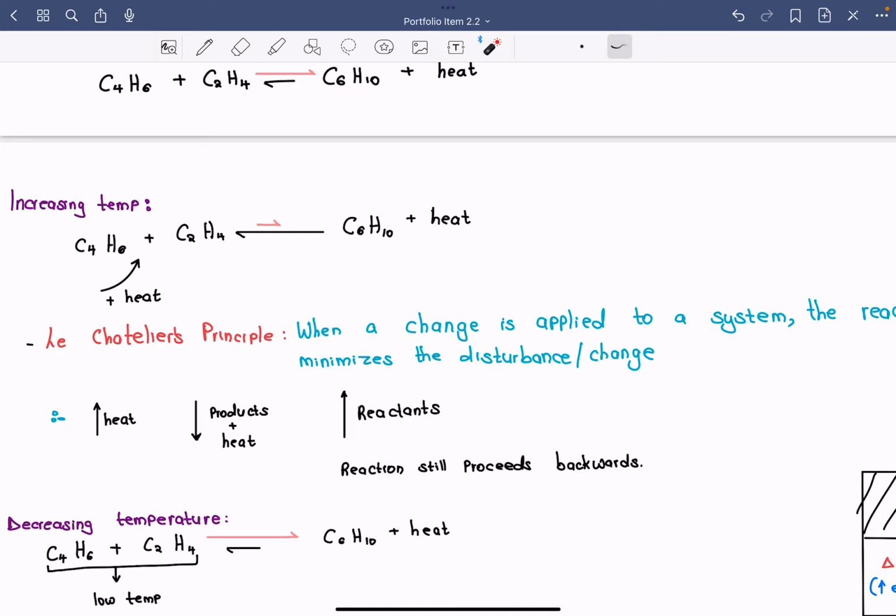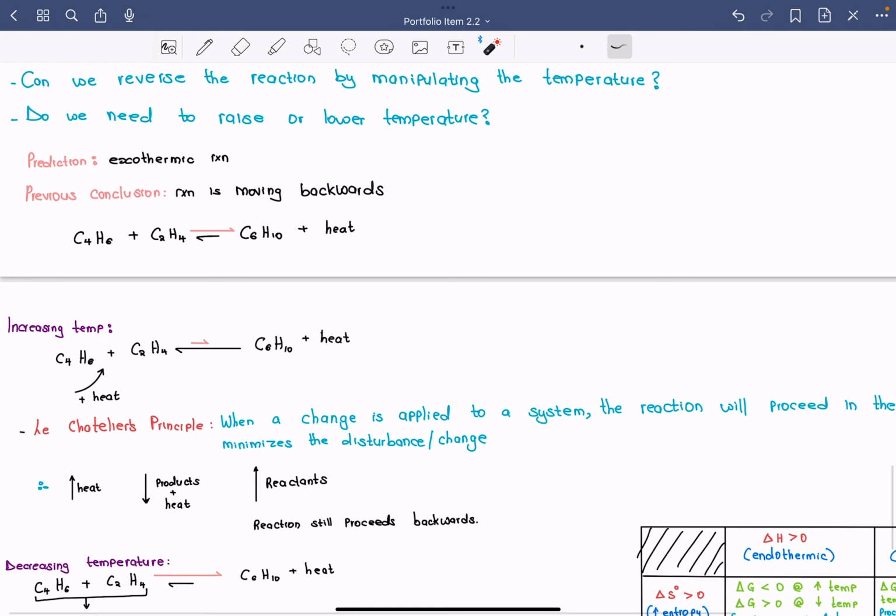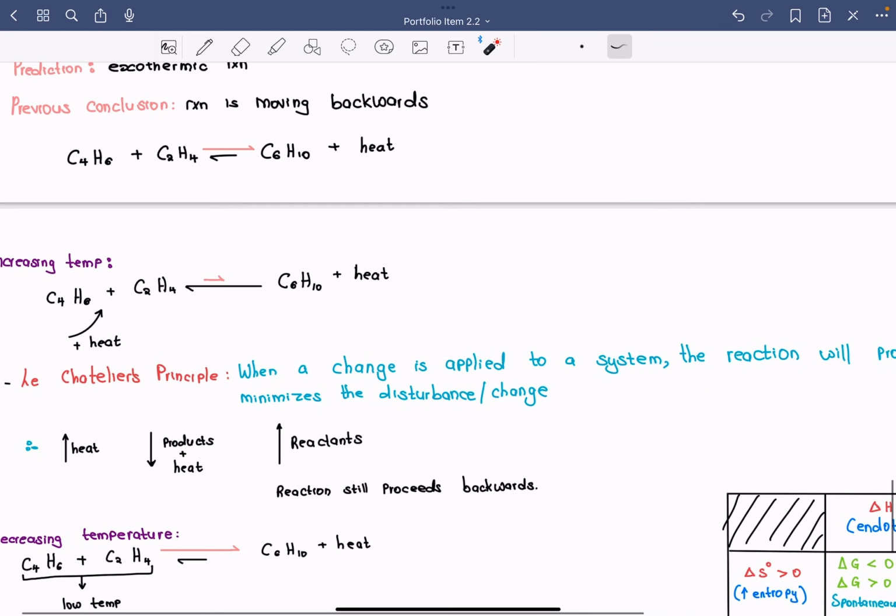So our reaction still proceeds backwards. By increasing the temperature, we have not reversed our reaction, and this is mainly because of the nature of it, because it's an exothermic reaction.